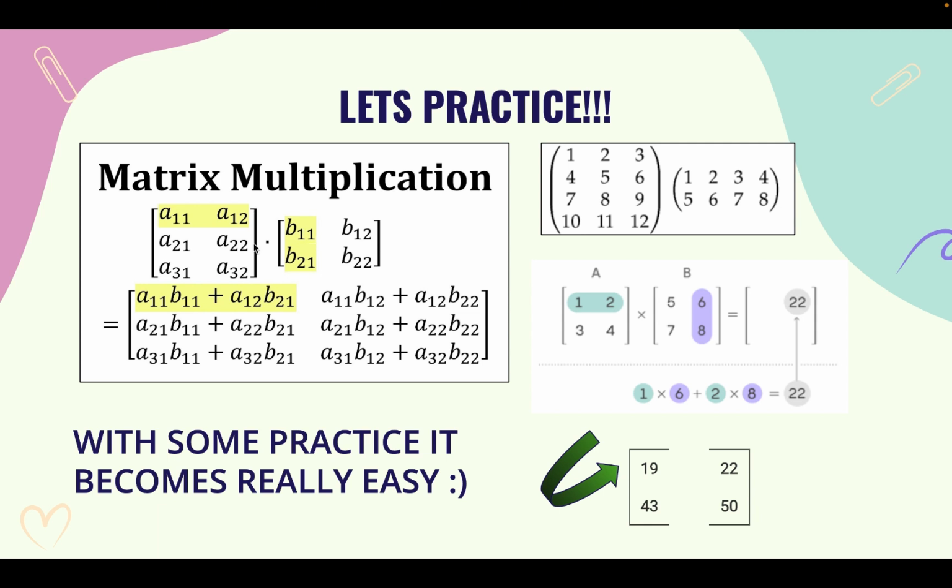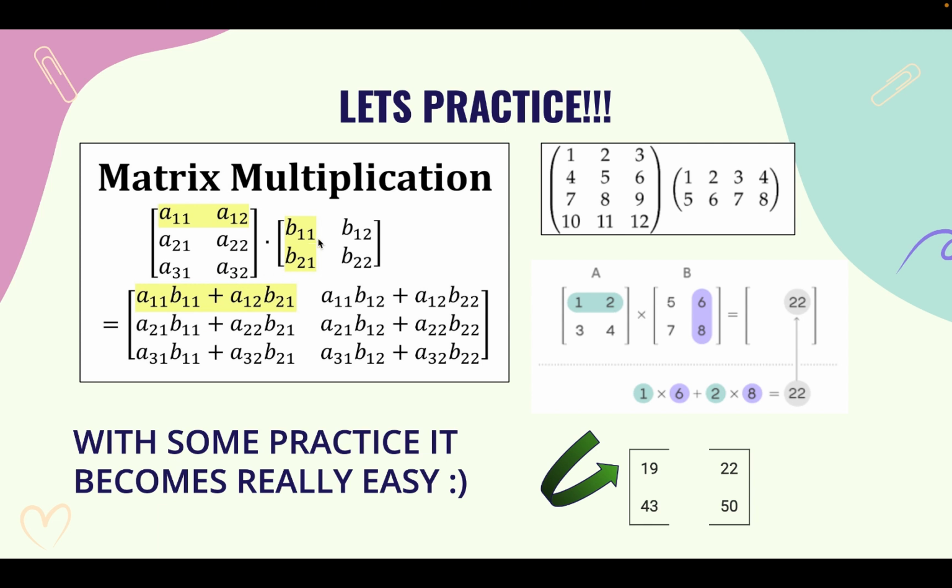It can be a bit tricky, but with some practice, it'll make sense. And just to understand, here's the visual representation, which you can just look at to try to almost figure out the variables with every other area. So another example, if you're trying to find this, you would do B11 times A31 plus B21 times A32.